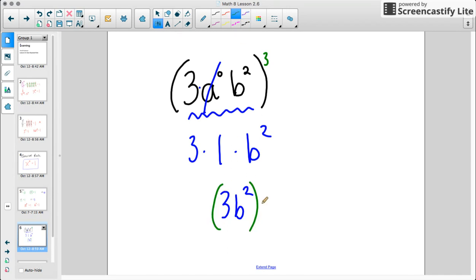And then I can remember the power rule, and I can apply the cubed to the 3, and then b to the power of 2 times 3, which is 6.